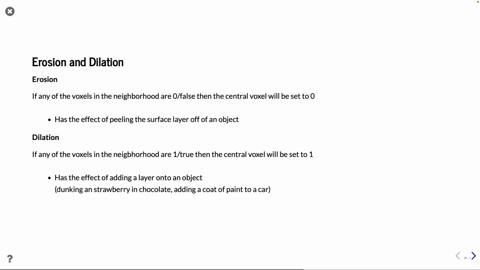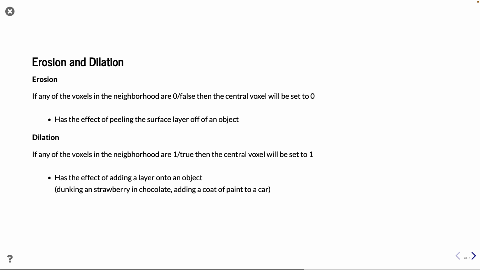The basic operations in morphological image processing are erosion and dilation. The erosion removes pixels from the structures you have segmented, and dilation adds pixels. So in principle, you're peeling off a layer with the erosion, and you're coating with the dilation.